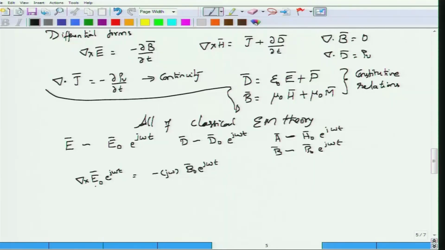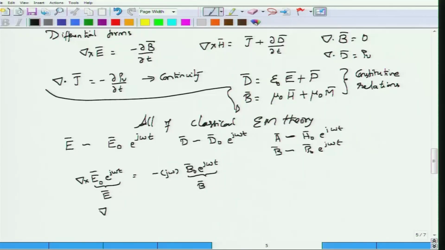So, you see here that this is E0 e power j omega t, nothing has happened because I have applied the curl to this one, that is, the presence of e power j omega t hasn't really done anything, and this E0 e power j omega t is nothing but the electric field itself, and B0 e power j omega t is nothing but the magnetic field B itself.